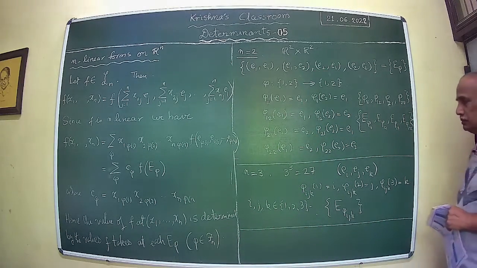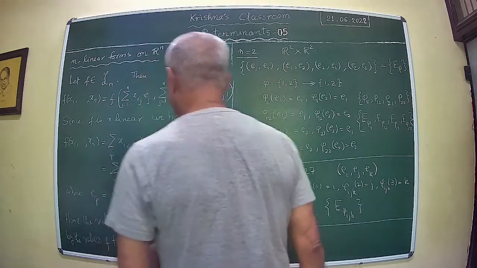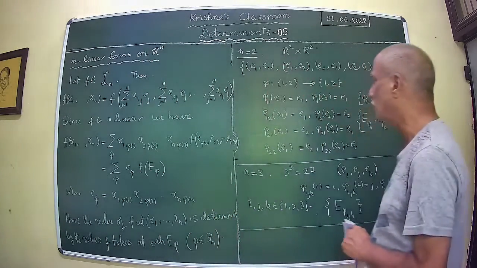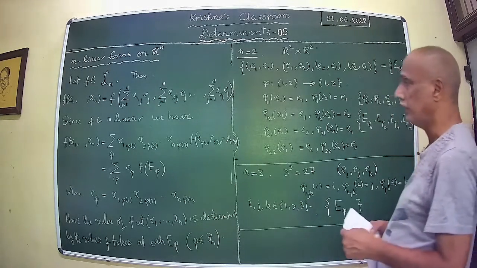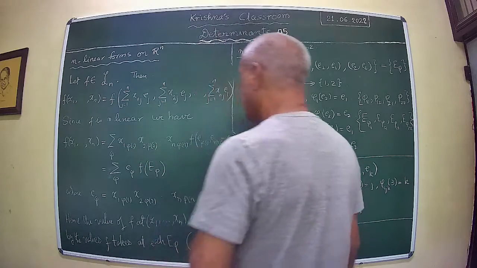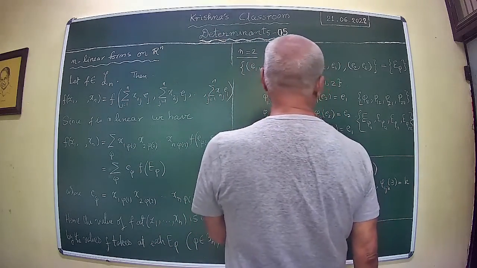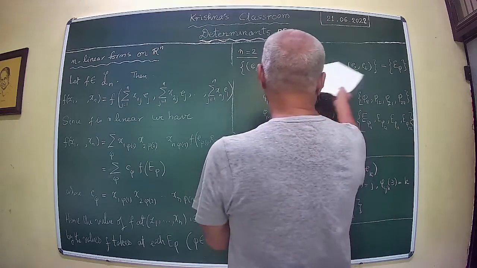Okay. So what you mean to say is that if f belongs to L2, then it is completely determined by the value of f at these 4 points.